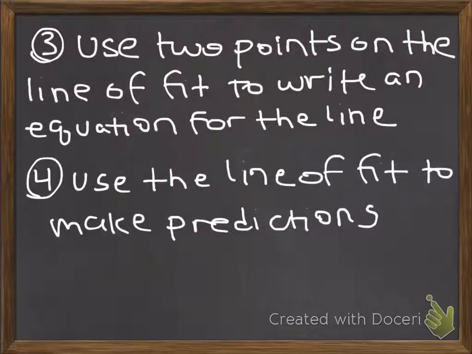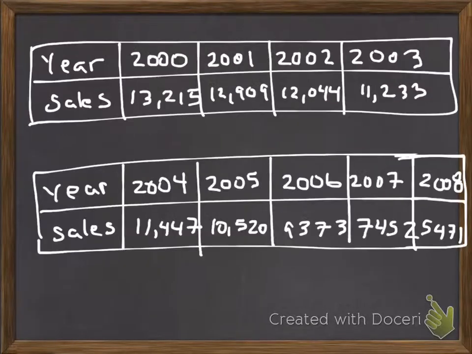So we've already done work with using 2 points to write equations. Here, this is the exact same process. The 2 points, though, are going to come from your graph. And then you're going to use the line of fit once you get an equation for your line of fit to make predictions. So we're going to do all 4 of these steps together.